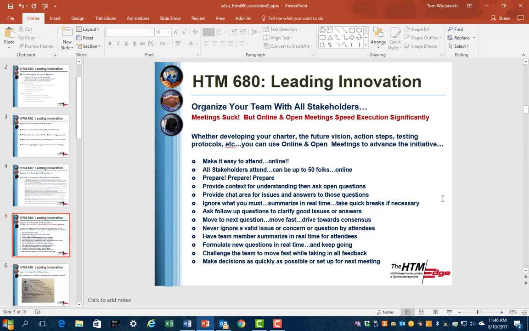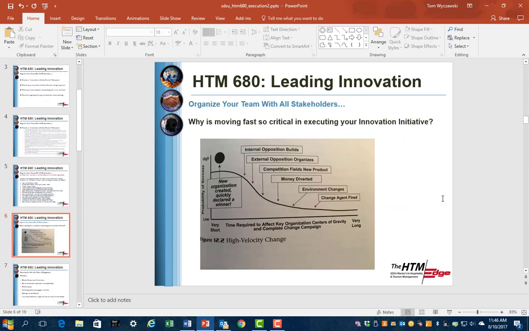So we have our online and open meeting format. Why is this so critical that we move fast? Well, this chart from the Fast Time book, Winning in Fast Time, describes it perfectly. Over time, the probability of success goes down dramatically. Time is your enemy when you're executing innovation initiatives.